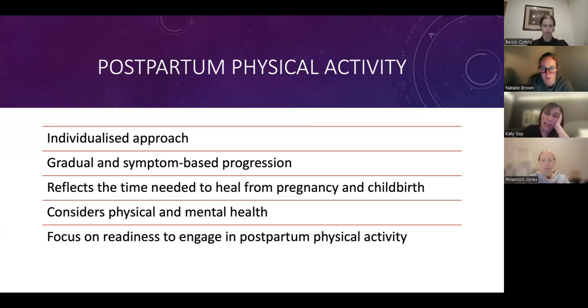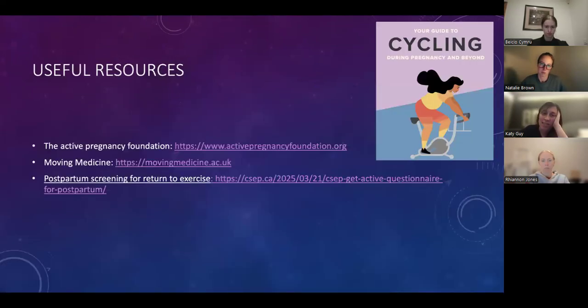It's got to be for you and based on what you can do, and it needs to be gradual and symptom-based progression. It needs to be remembered that you need time to heal from pregnancy and childbirth. If you feel ready to do it, go through your checklist and go for it, but in a steady and controlled way. So these are a couple of resources.